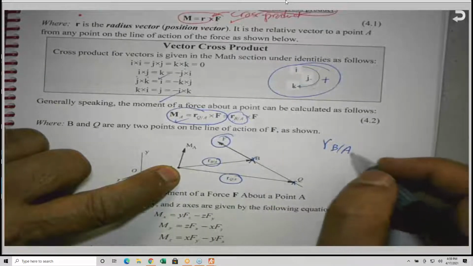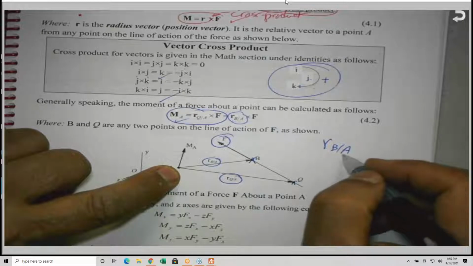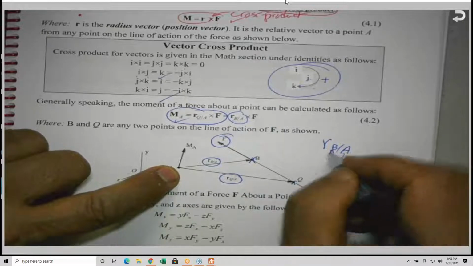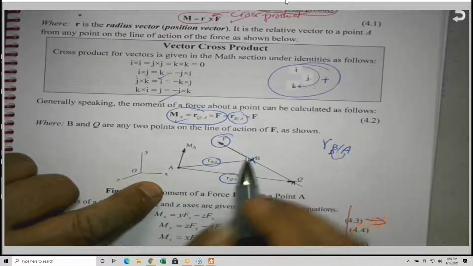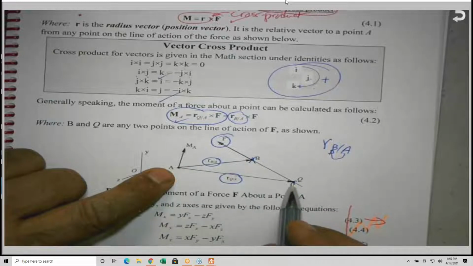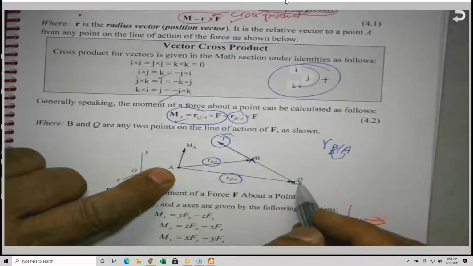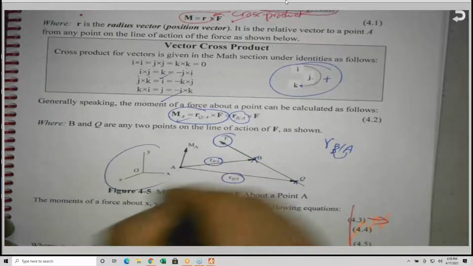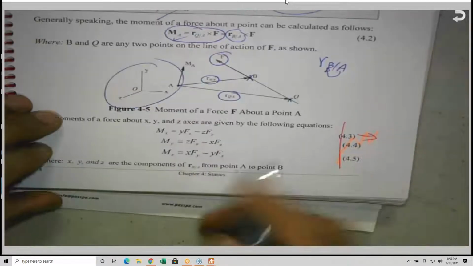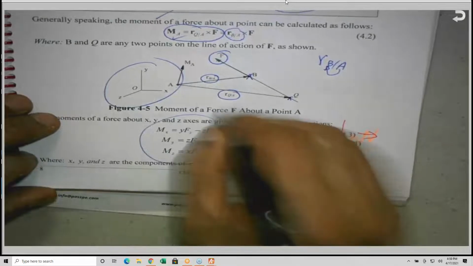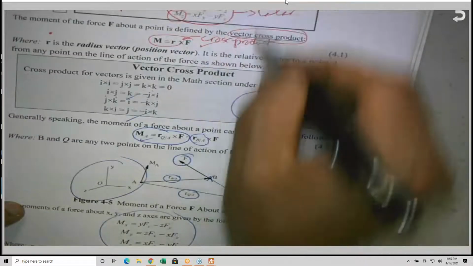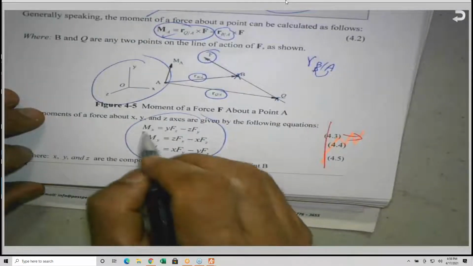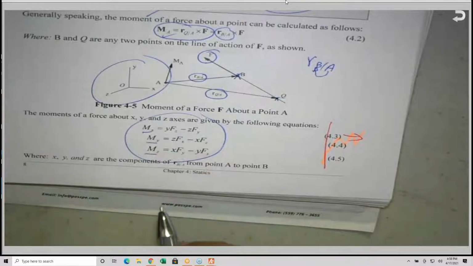And the direction, by the way, because these are vectors, I am directing it from A to B. As you can see, this arrow is going this way, or from A to Q. Don't reverse it. If you go from Q to A, you will get the wrong answer. This is just to illustrate the X, Y, Z, and the same three equations given here, I repeat them here, Mx, My, and Mz.